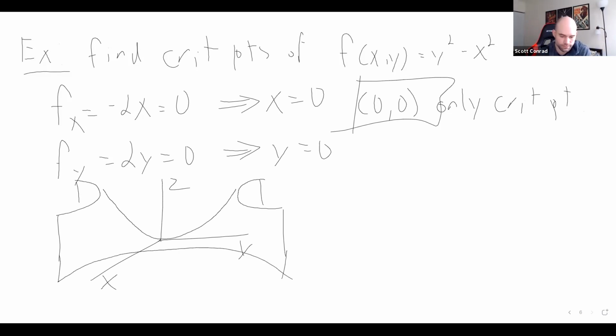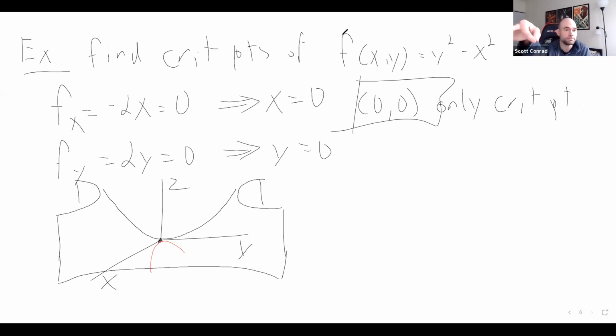So it's sort of a saddle looking thing. So what happens, 0, 0 is our critical point. It's kind of hard to see what's going on from the picture, but if we go along the x-axis, the value at 0, 0 is 0.